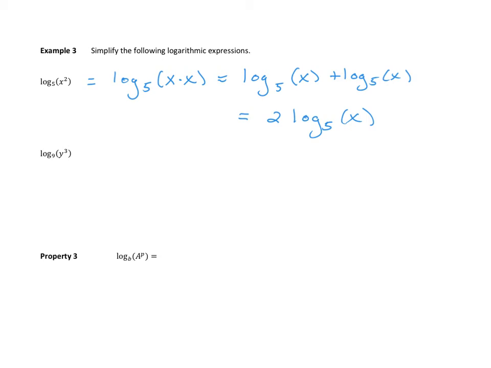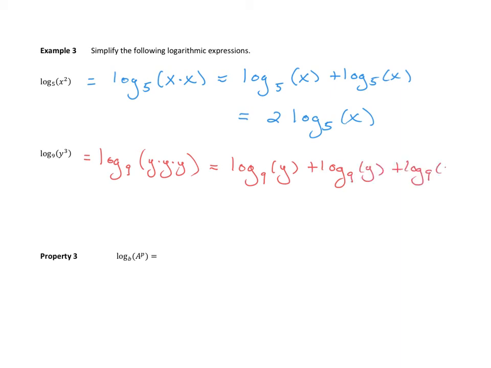I think something similar will happen for log base 9 of y cubed. This is really log base 9 of y times y times y. And just directly applying that product rule, this is log base 9 of y plus log base 9 of y plus log base 9 of y. Same idea as the previous one, but we have 3 of them instead of just 2.